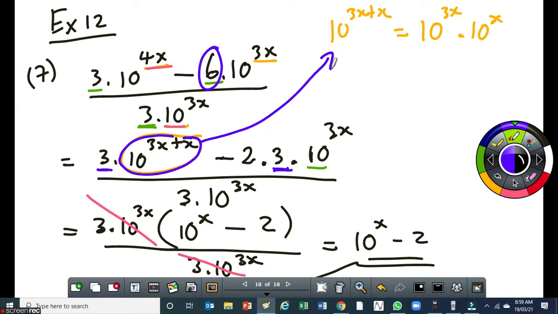Why did I do that? Because in the denominator I have 10 to the power of 3x. So if I want to take out a common factor, I have to create 10 to the power of 3x here, so that I'll end up having 2 common factors: the 3 and the 10 to the power of 3x.